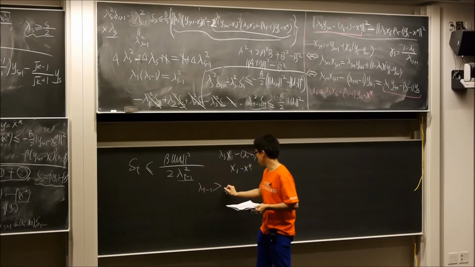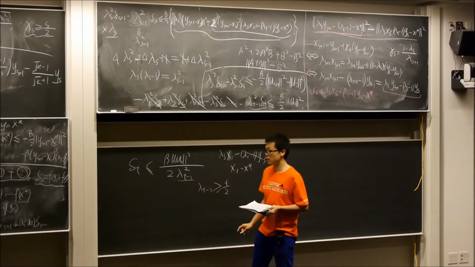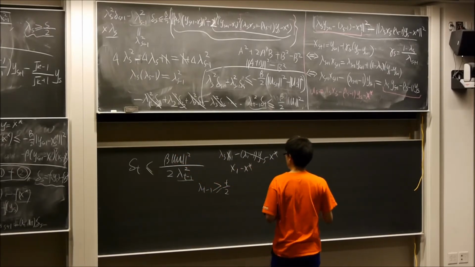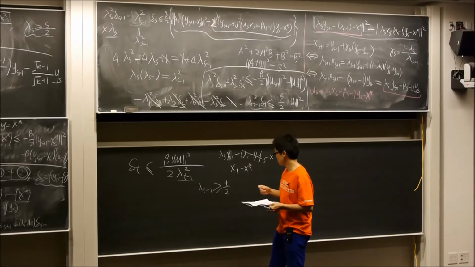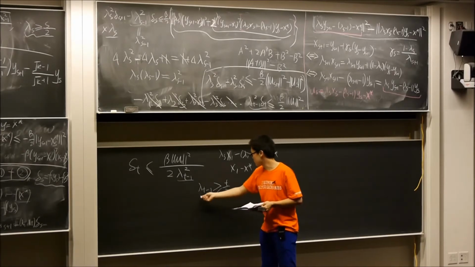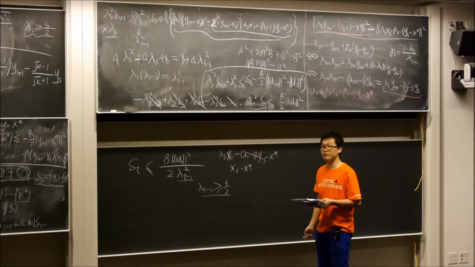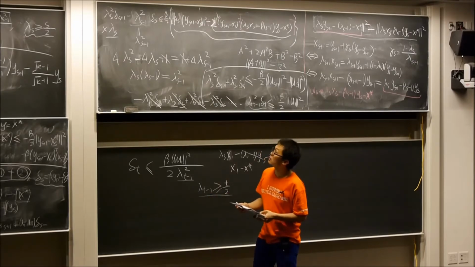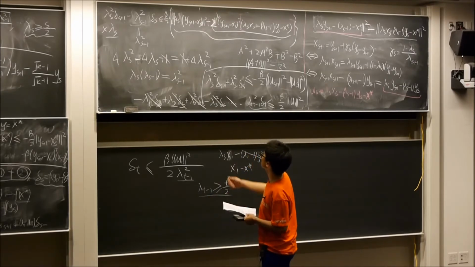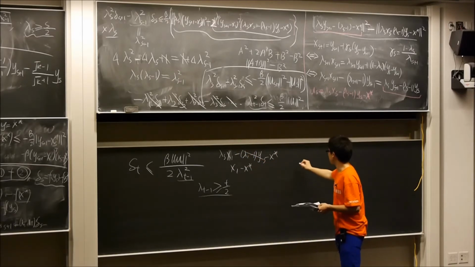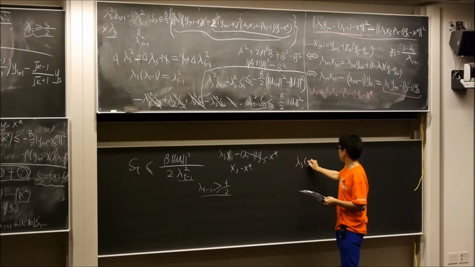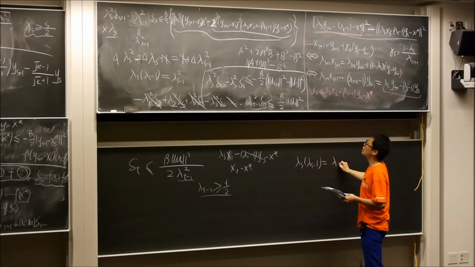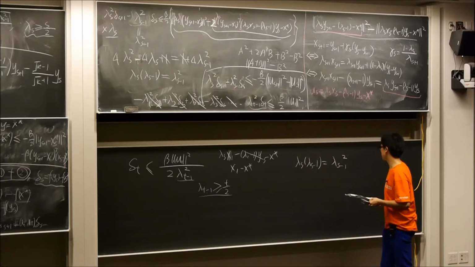And now it's left to see that this thing is always greater than half t, as I claimed in the very beginning. This can be seen easily by an inductive argument, by the definition of lambda t. Let's see, I have lambda s minus 1 equals lambda s minus 1 square.